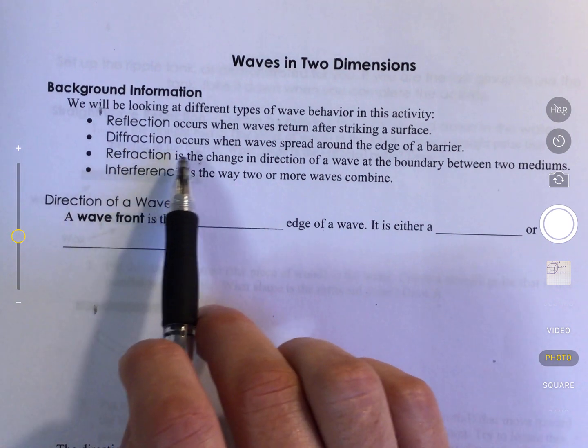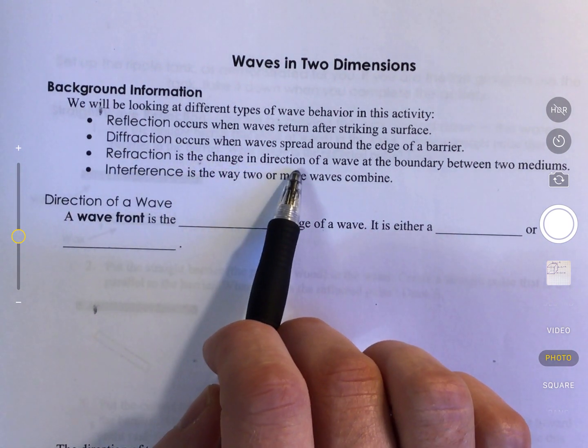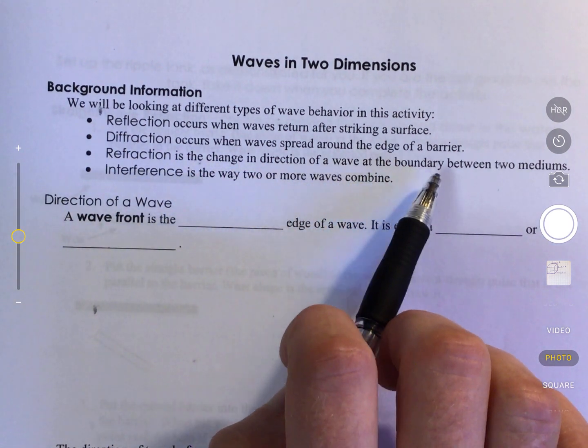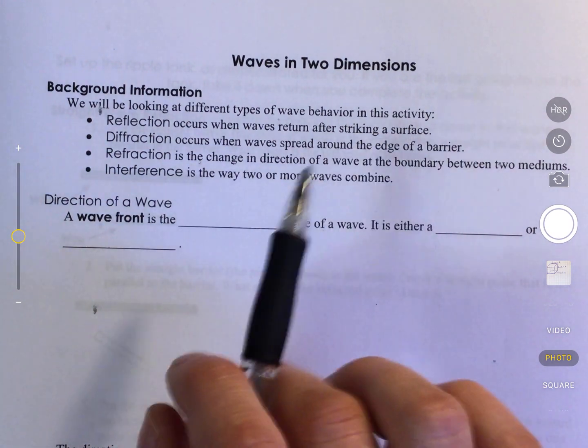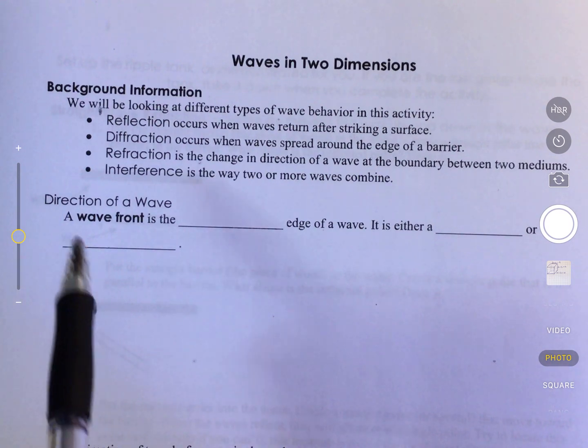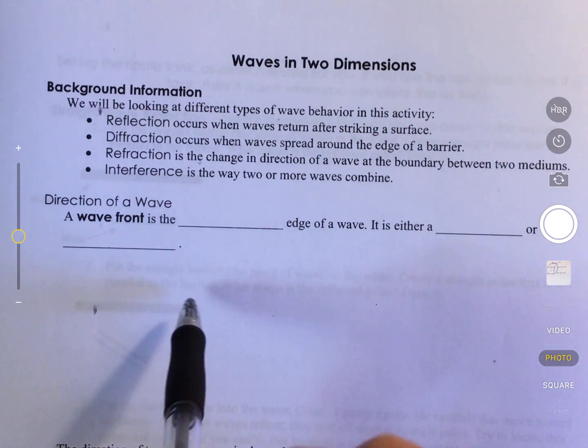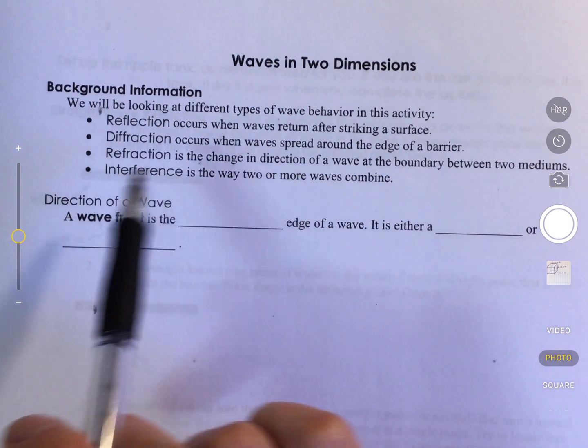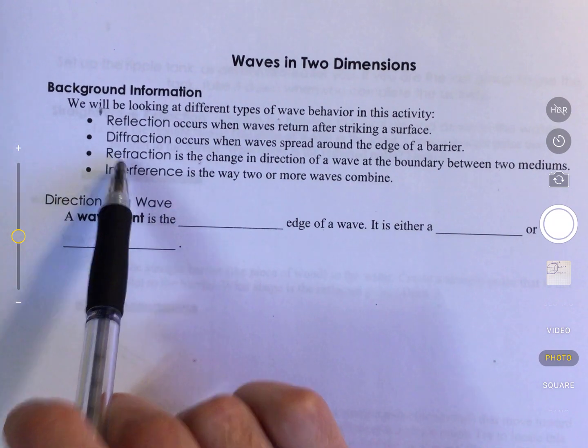Refraction happens when the wave changes direction at the boundary between 2 mediums. So as it travels from one medium into another medium, it changes its direction. That is called a refraction.